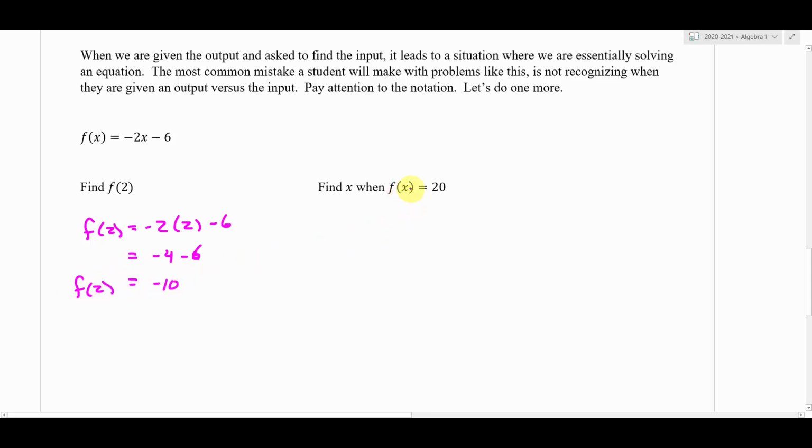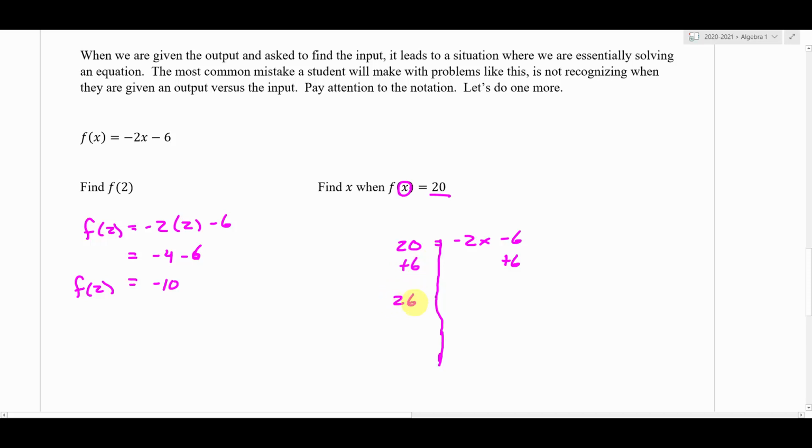Now when I look at this one, they did not give me the input. Instead, they gave me the output. So I'm going to say 20 has to equal negative 2x minus 6. I don't know what x is, but I do know that I have to get a 20 out. So this creates that equation situation, which is why we reviewed the equations. And we've got to solve for x. So I'm going to start by adding 6 to both sides.